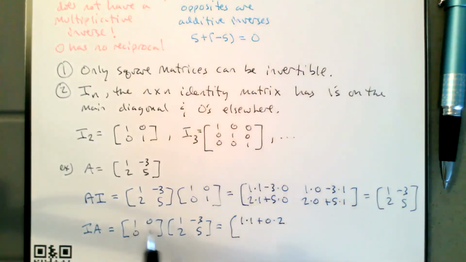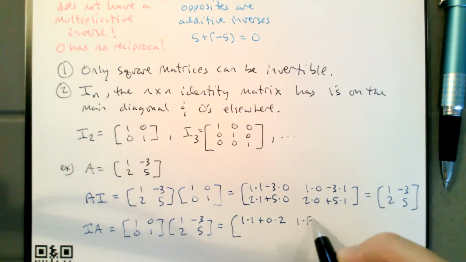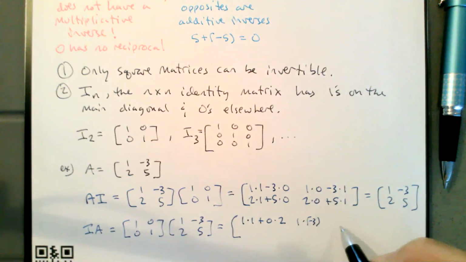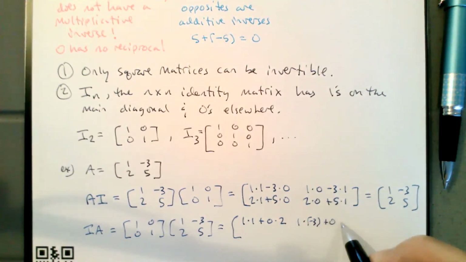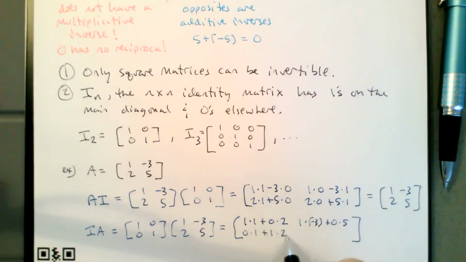Then I'll multiply the first row times the second column, so I'll have 1 times negative 3 plus 0 times 5. And I'll do the second row times the first column, I'll have 0 times 1 plus 1 times 2.